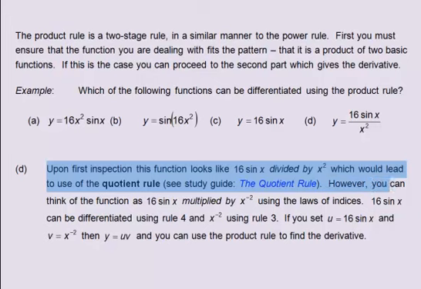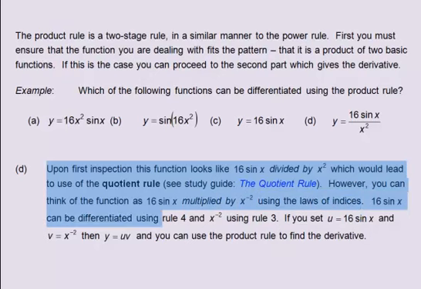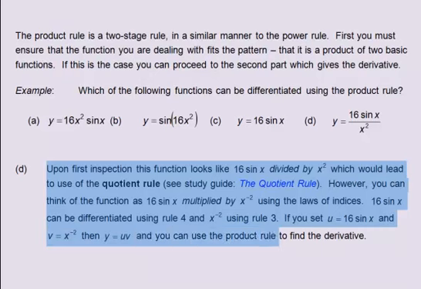However, you can think of the function as 16 sin x multiplied by x to the power minus 2, using the laws of indices. 16 sin x can be differentiated using rule 4, and x to the power minus 2 using rule 3. If you set u equals 16 sin x and v equals x to the minus 2, then y equals u multiplied by v, and you can use the product rule to find the derivative.